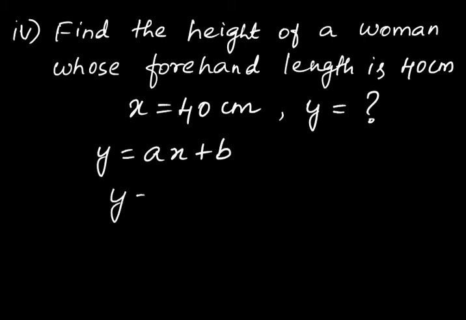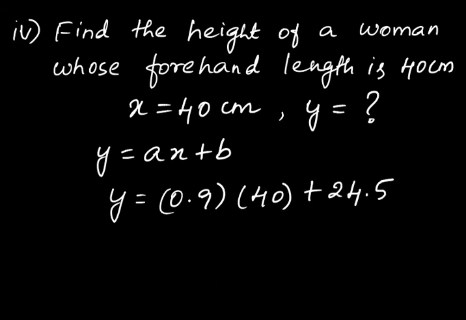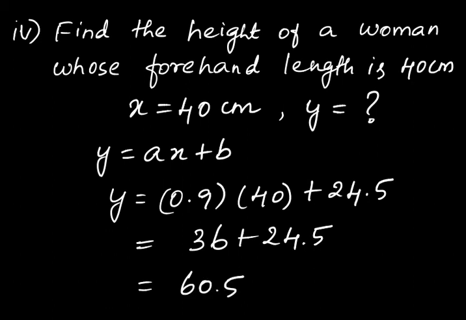So y is equal to a value, just now we got 0.9 into x value 40 plus b value 24.5. So solve this, so when you multiply you will get 36 plus 24.5. So when you add you will get 60.5. So this is your y value.